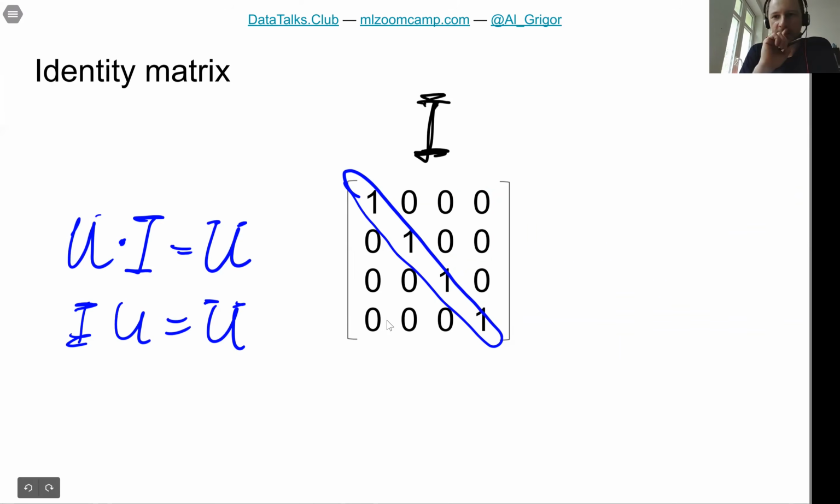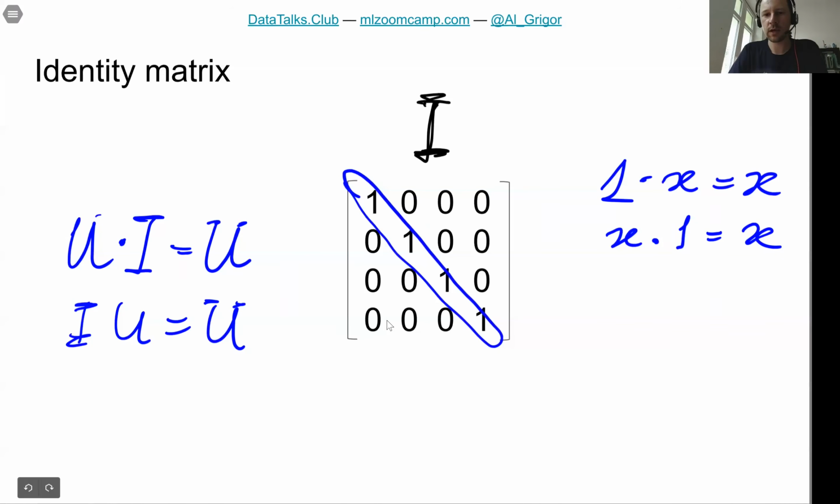So the identity matrix is like the number 1. If we multiply the number 1 by any number, we get the number back, and no matter on which side we have this one, we get the number back. So this is like the number 1, but for matrices.